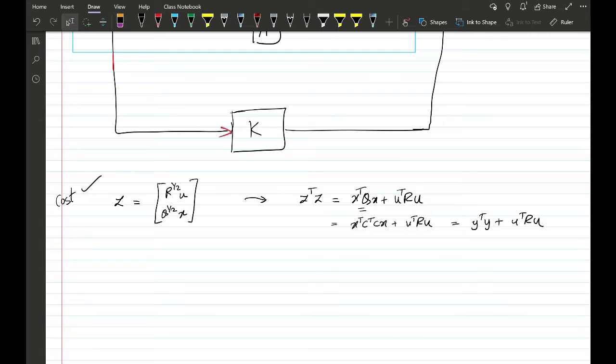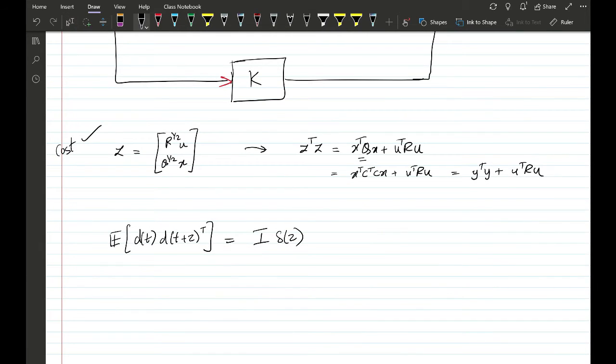Once we have the cost, let's also look at the constraints. In the H2 problem, we have this to be I delta of tau.